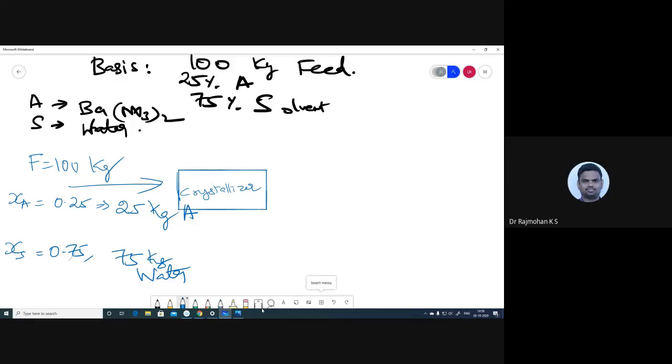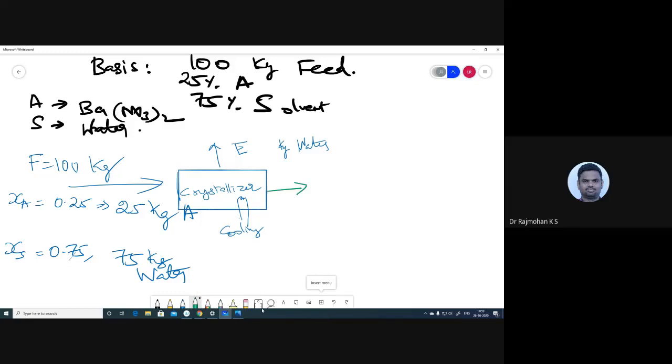It is given that some cooling is taking place, and therefore some evaporation takes place. Let E be the kg of water evaporated. Then what is the product leaving?